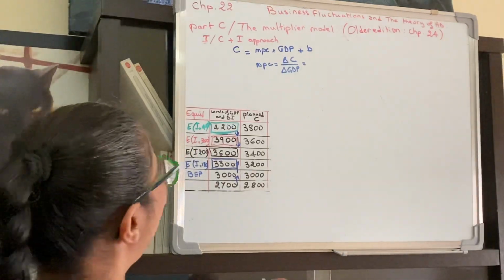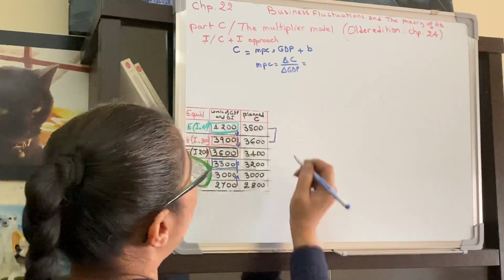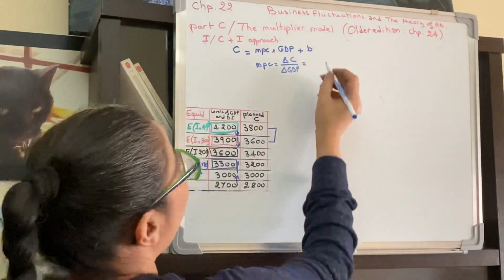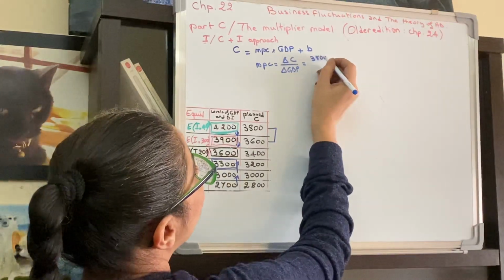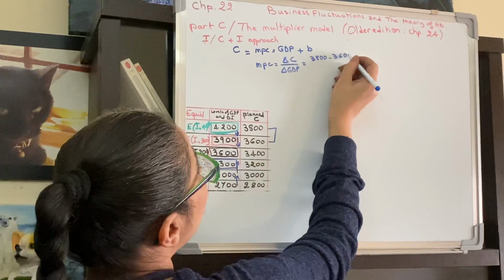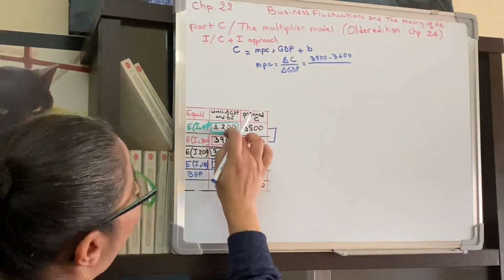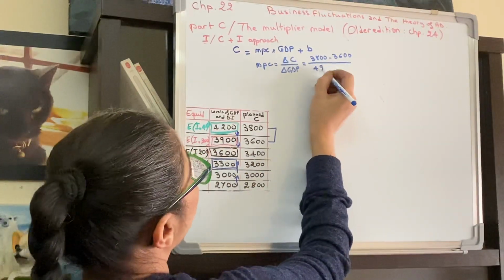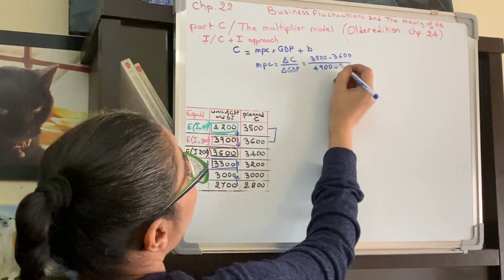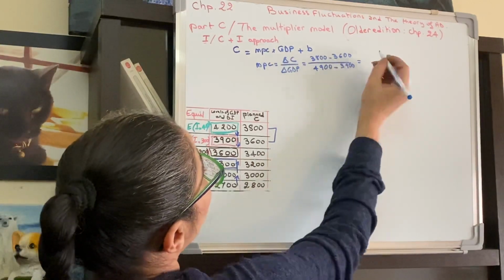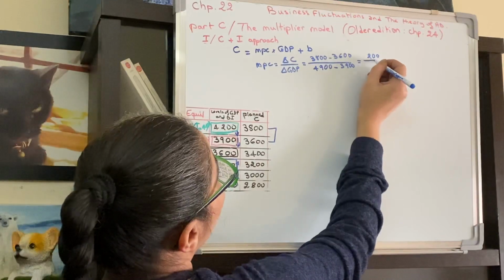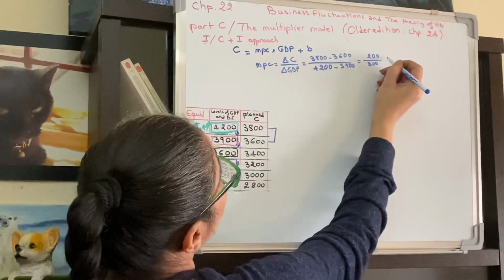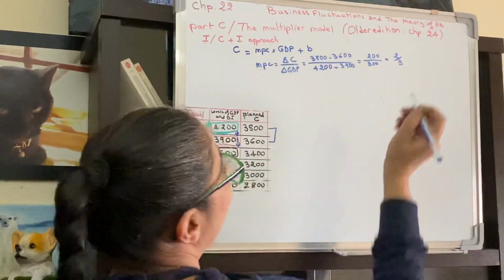Okay, let's calculate it. Here I'm going to take 3,800 minus 3,600 over 4,200 minus 3,900, which is equal to 200 over 300, which is 2 over 3.